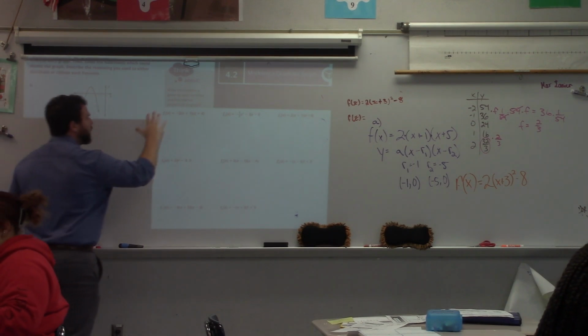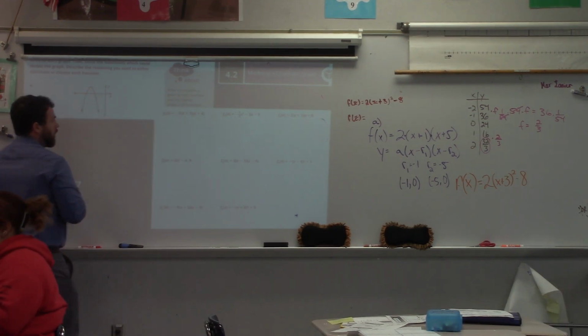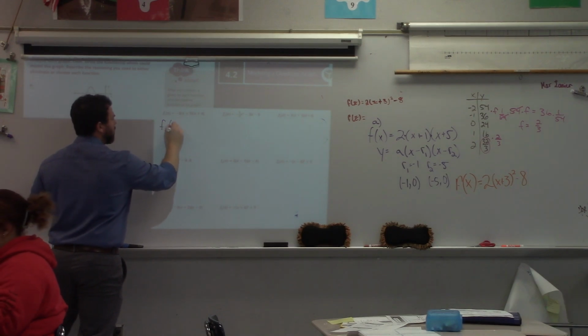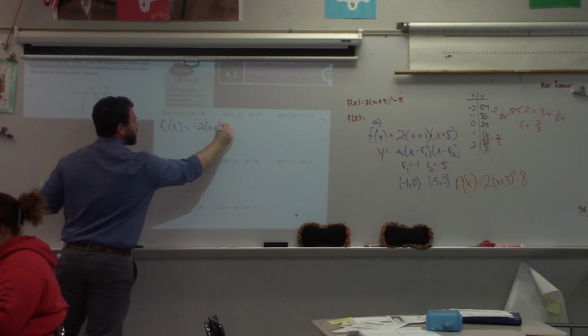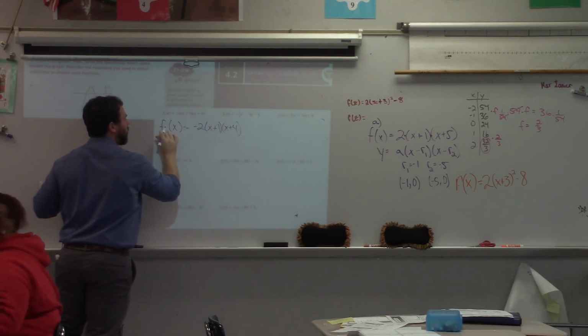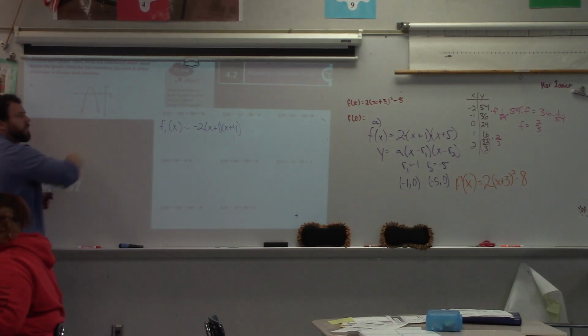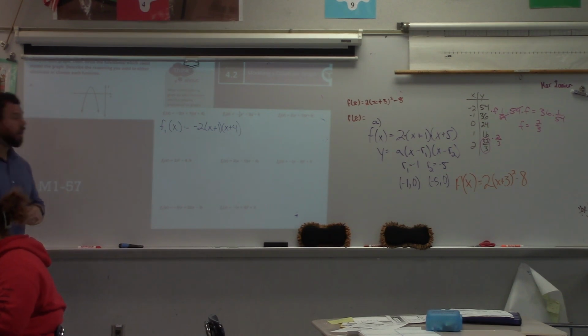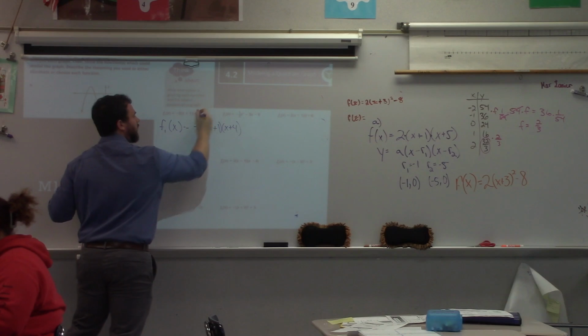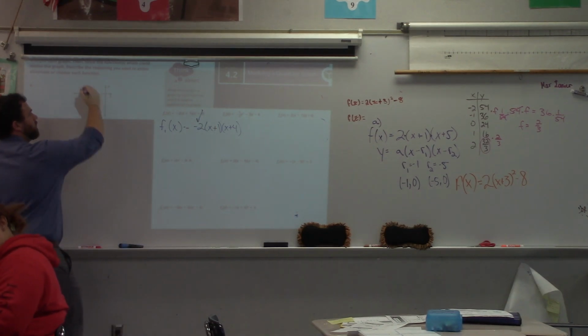But for example, when I look at f1 of x right here, f1 of x is equal to -2 times x plus 1 times x plus 4. Could that equation go with this graph? It matches the what? Concavity matches. It's concave what? Down. Check.